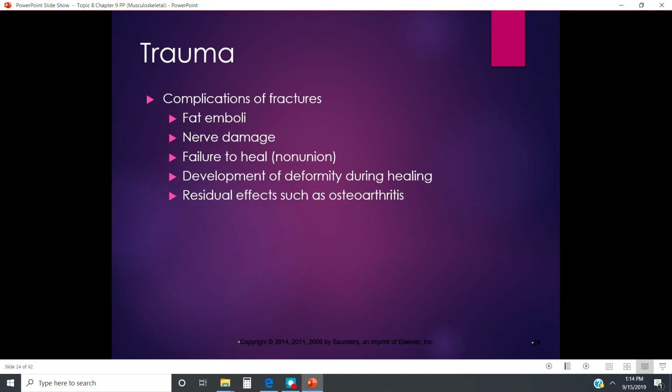Again, sometimes with people, the bones don't heal together, and they have to do different types of physiotherapy and electrical stimulation to stimulate that bone to heal. There could be the development of a permanent deformity, right? So maybe there's not going to be a nice new straight bone again the way it was previously, or there could even be residual effects such as osteoarthritis, which we'll talk about in a subsequent lesson.